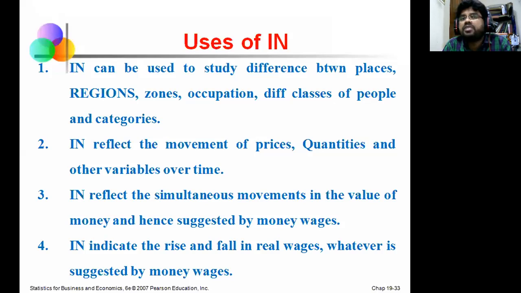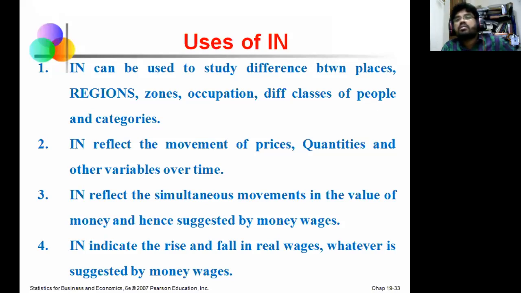And regions also. For example, south, west, north, east, zones. If you take into account, if you get some jobs zone-wise, you may prefer some zones and occupation. For example, we may construct an index number for the employees and non-employees, farmers and other occupation employees, and different classes of people, for example, rich and poor.